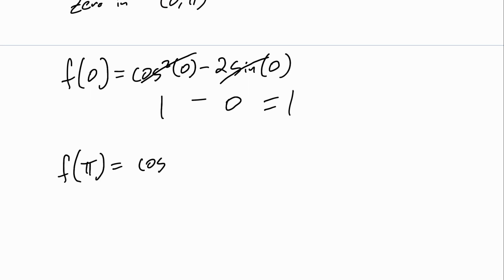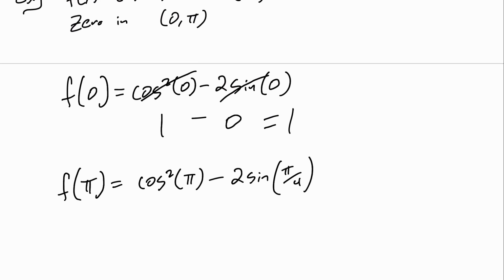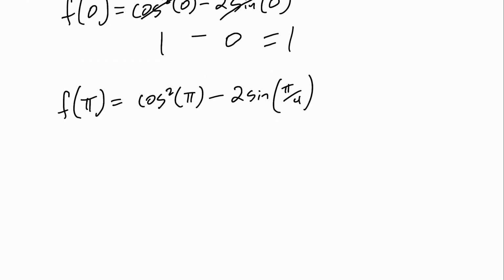F of pi, we get cosine squared pi minus 2 sine pi over 4. All right. So cosine squared pi, cosine of pi is minus 1. We square it, we get 1.